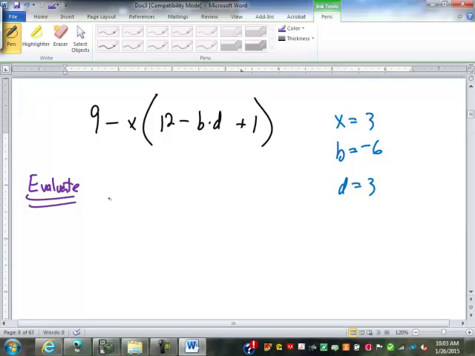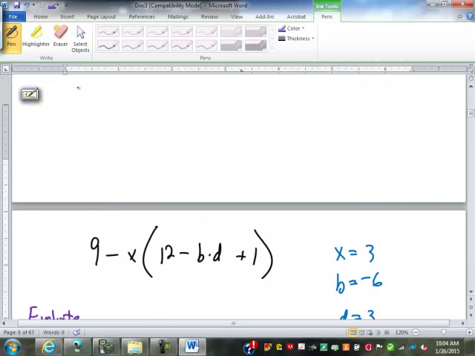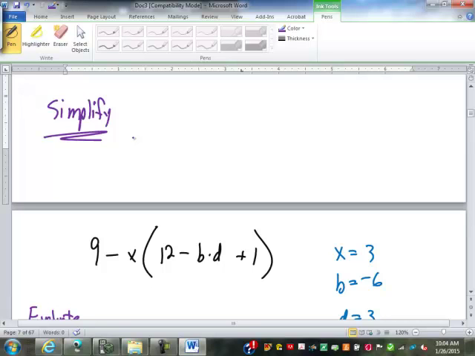Whenever you see evaluate, that means you're going to be taking numbers and using them to replace variables, and you're going to be getting a single number answer. Let me repeat that. Evaluate means you are going to be getting a single number for your answer. No variables. The other side of that is if you're told to simplify. If you're told to simplify, you're most likely going to have an algebraic expression for your answer.